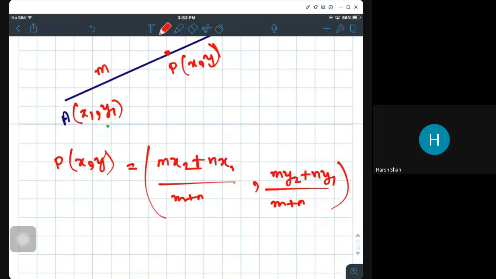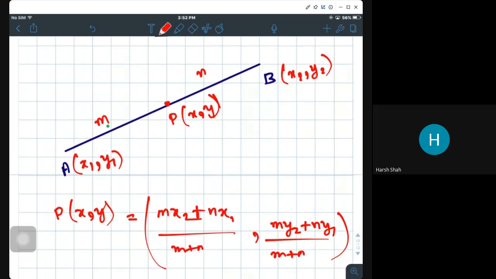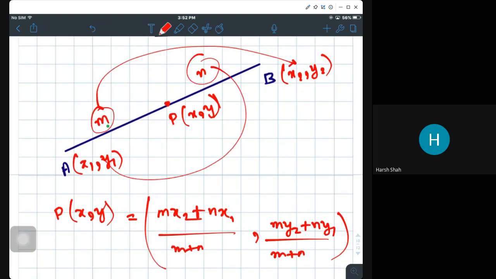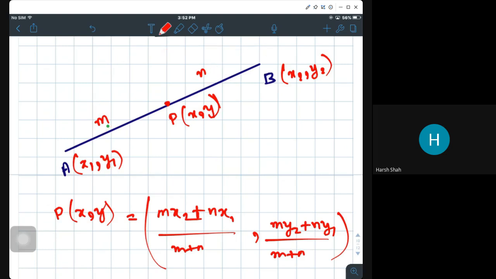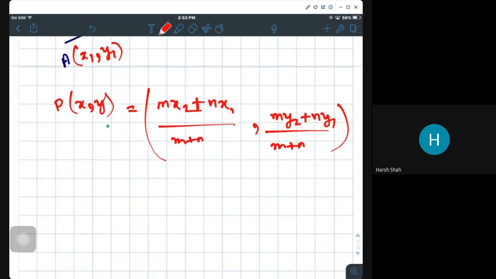I hope this is easy enough to remember. Just take this, multiply it with this. Take this and multiply it with this. Now this is a general formula.